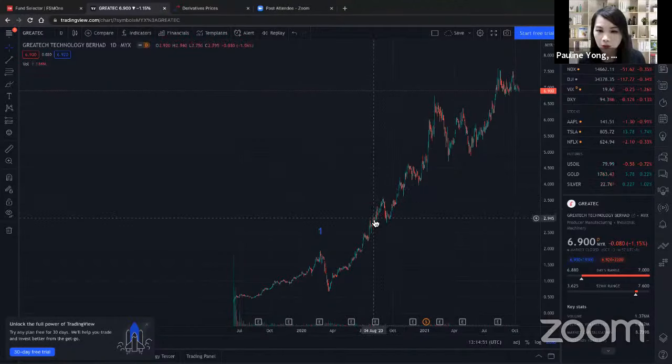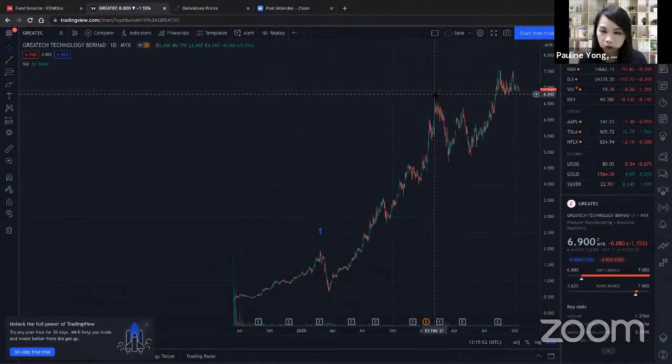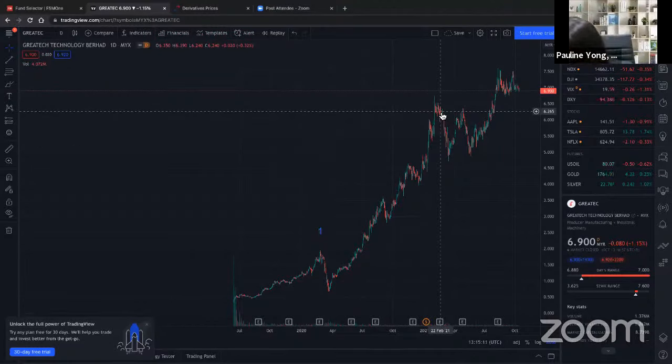We are looking at the impulsive wave first. So then we are looking at 1, 2, 3, 4, 5. So then this becomes a wave number 3. And when you are looking at wave number 3, then you see that this is a wave number 4.